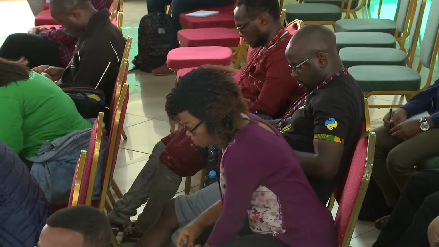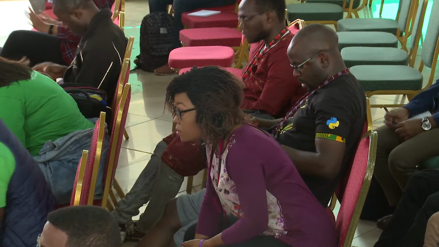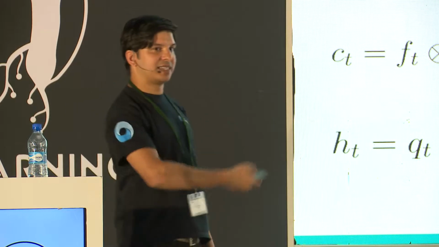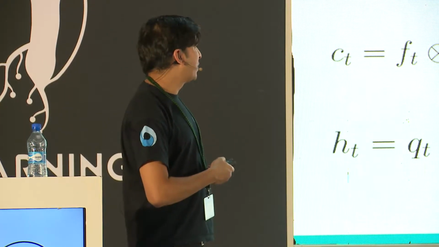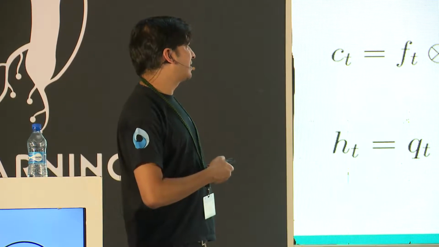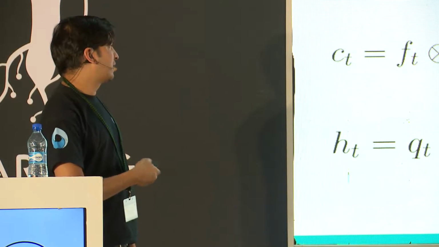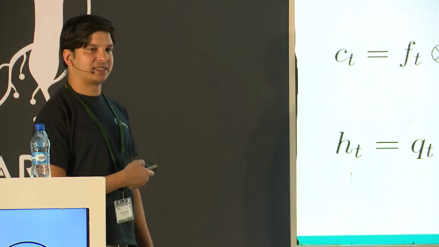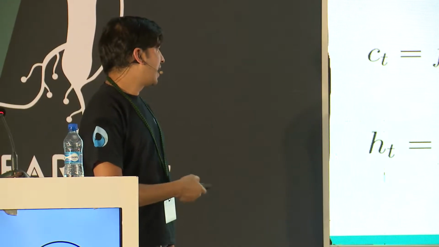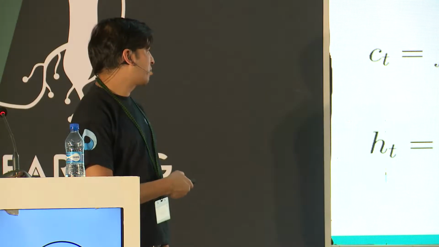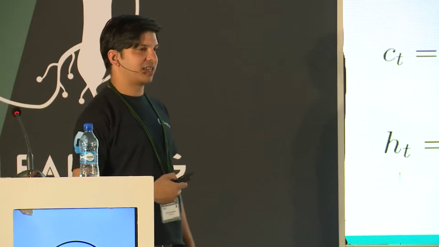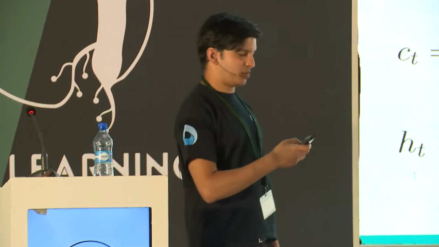We apply a tanh and multiply that by the input gate to control how much information we want to enter the memory. And we add that to the forget gate times the previous memory contents. So this is the equation that controls how we update memory in the LSTM. Finally, the output gate multiplied by the tanh of the current memory becomes the output.